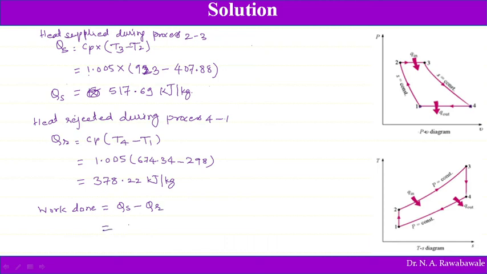So 517.69 minus 378.22 gives us 139.47 kilojoules per kg. So this is the work done.